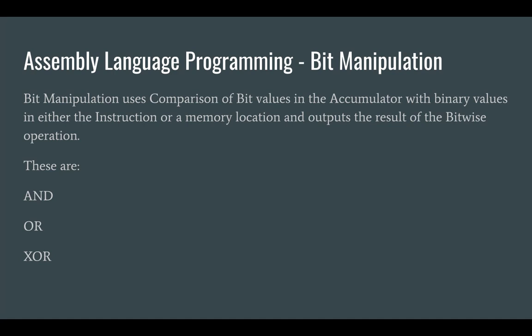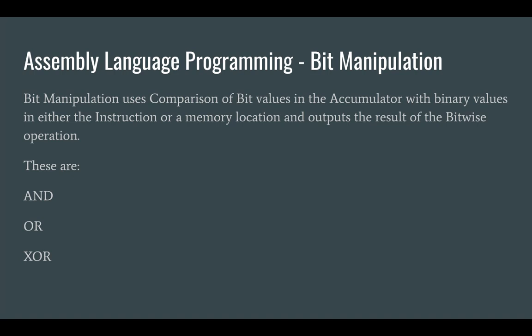Okay, that's the AND. And OR, as you probably started to figure out, is that if the value in either the accumulator or the value in the instruction or the memory location is a 1, then we output a 1.